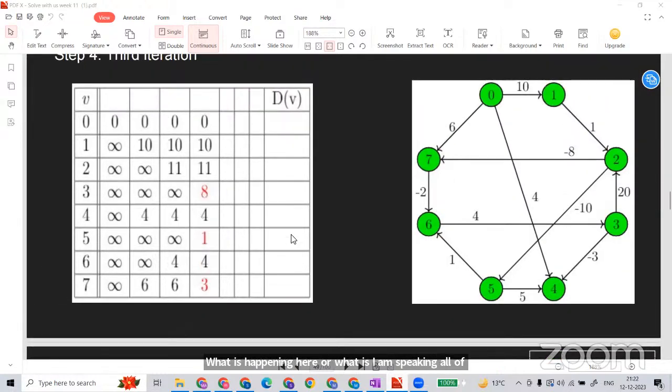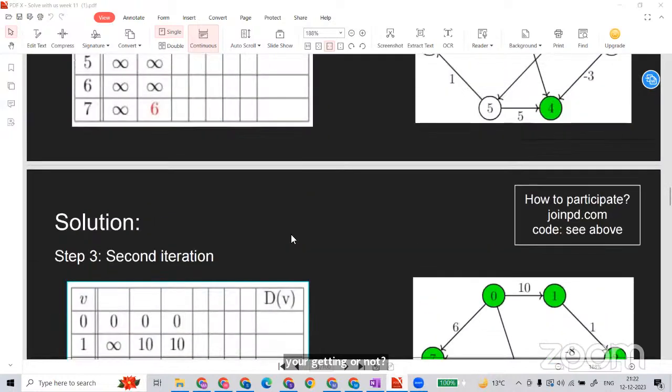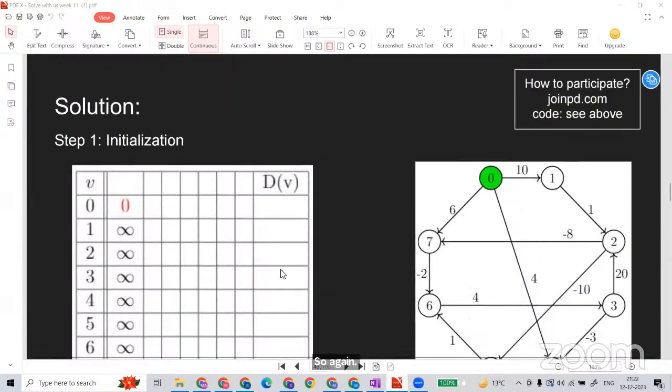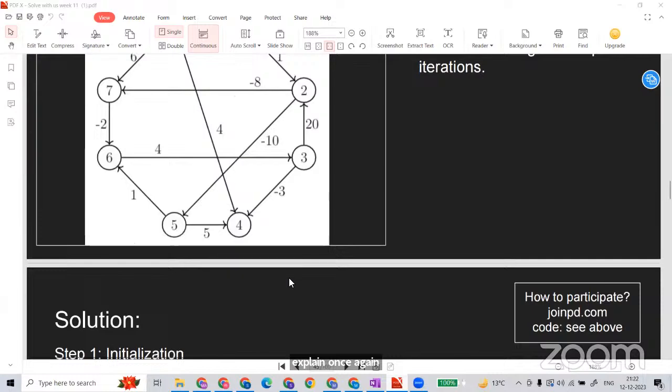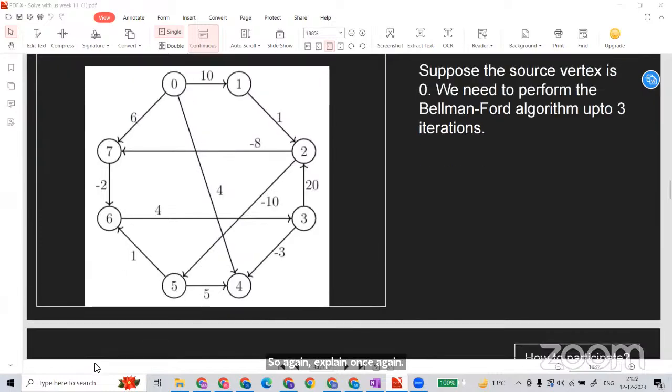Sir, can you explain once again? Okay. So there is an error in this. Let me take a screenshot of it and then we'll do it.